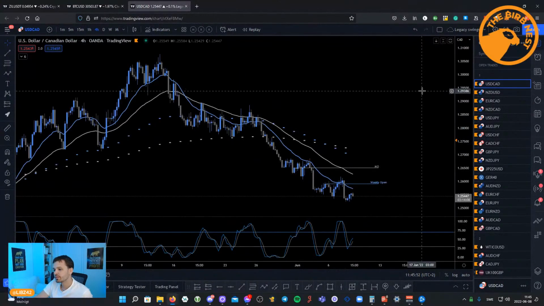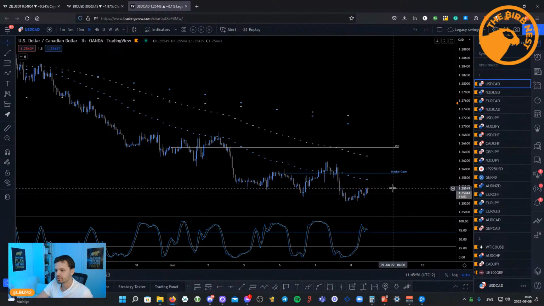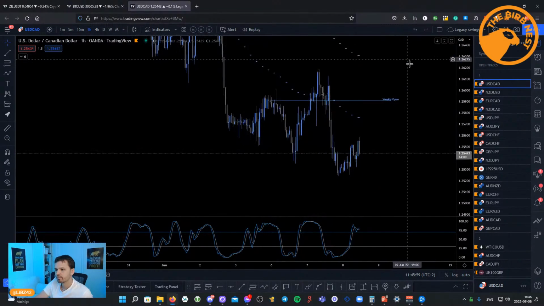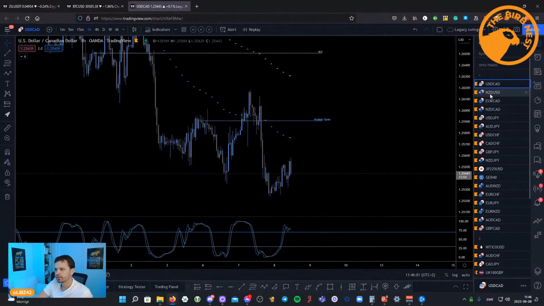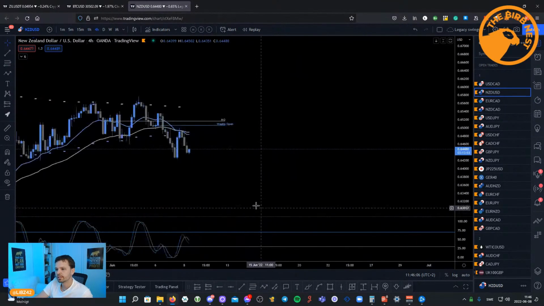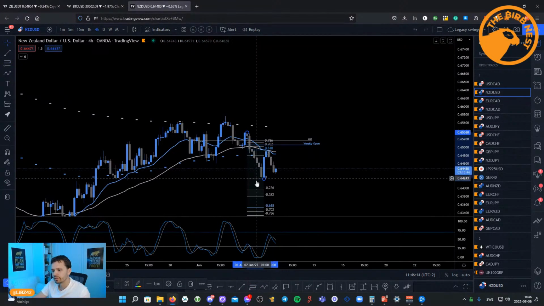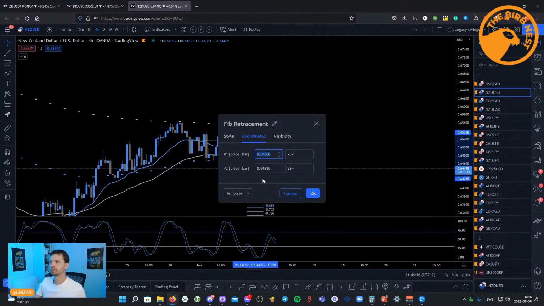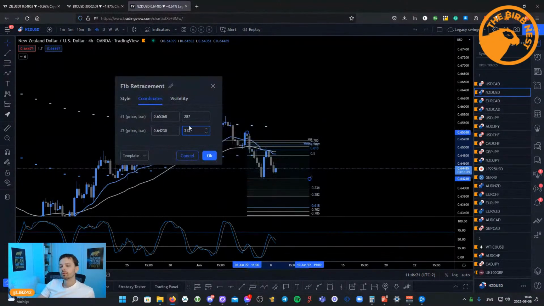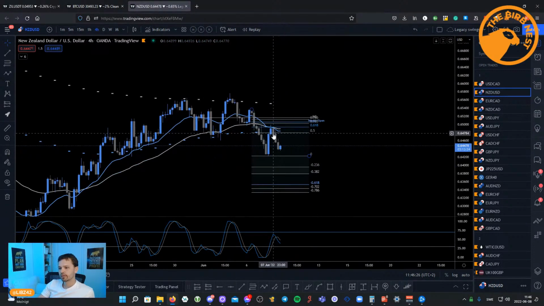So we have USD CAD, which looks interesting. We have NZD USD, which I do like. This would have been a pretty decent trade, however it would have been too late for me to enter. But that would have been a good trade right here on that candle.